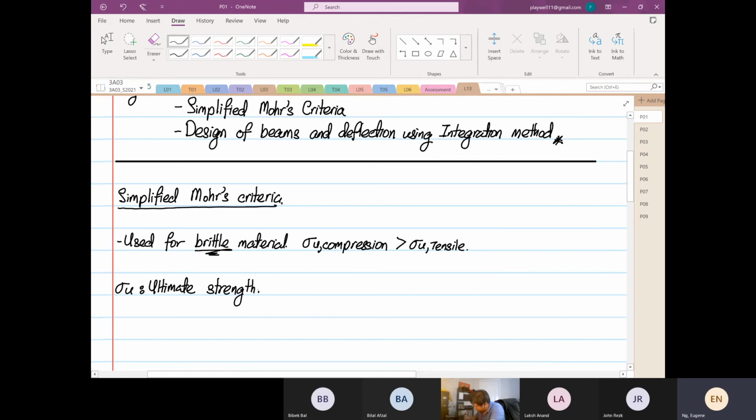Okay, so this is different, right? For ductile material, we focus on yield strength, but for brittle material, we focus on ultimate strength.